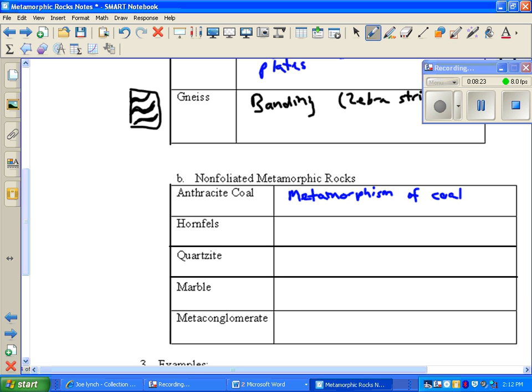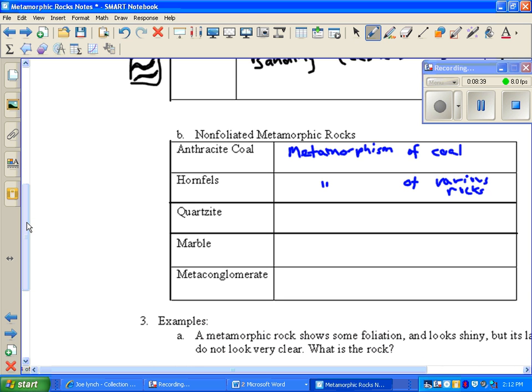Next one, hornfels. It could be metamorphism of various rocks. Quartzite, there's a lot of quartz in sandstone. So this is metamorphism of sandstone.